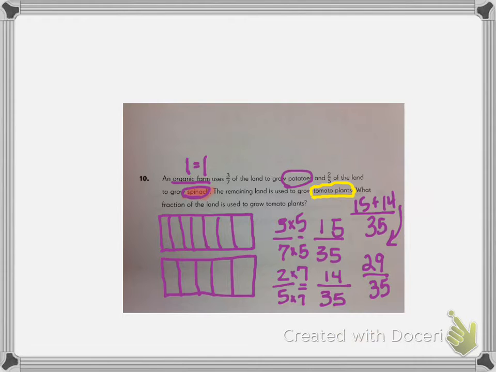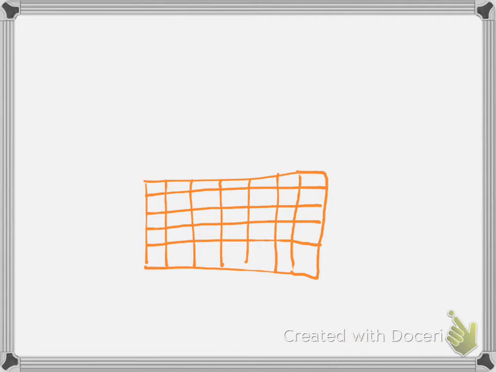And if I go back and I look at my previous work, I said that I had 15 35ths was going to be my potatoes. So I'm just going to go ahead and shade in 15 of them for potatoes. So 1, 2, 3, 4, 5, 6, 7, 8, 9, 10, 11, 12, 13, 14, 15. Then I said that I had 14 35ths were going to be my spinach.